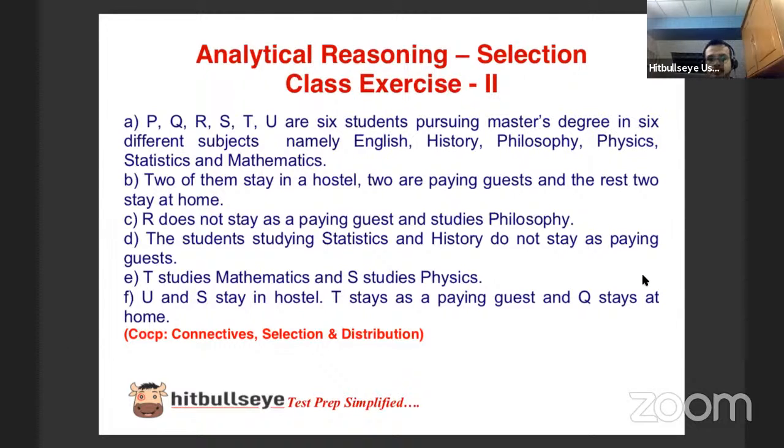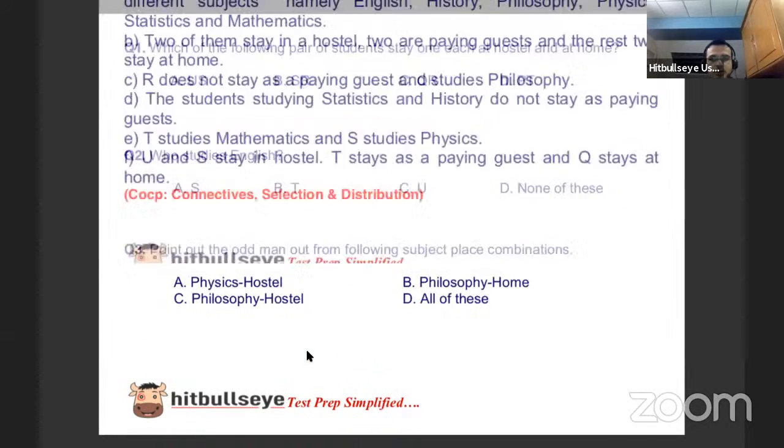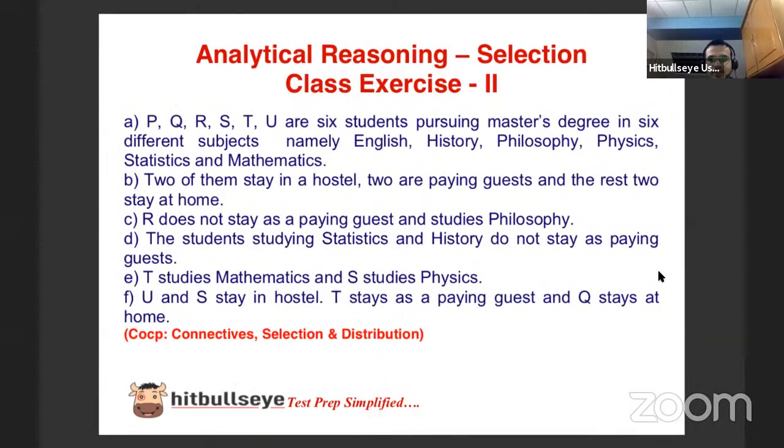Please confirm. You have to make a table here from name, subject, and stay. So are you able to create that table here first of all? Once you create that table, then only you will be able to solve this question.